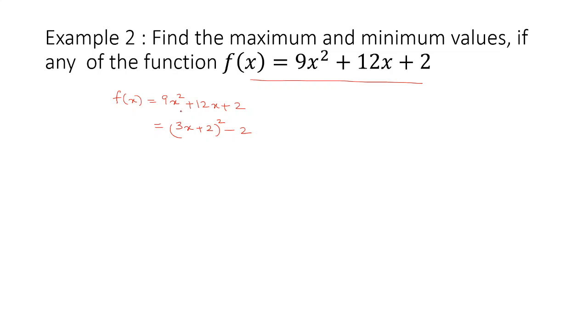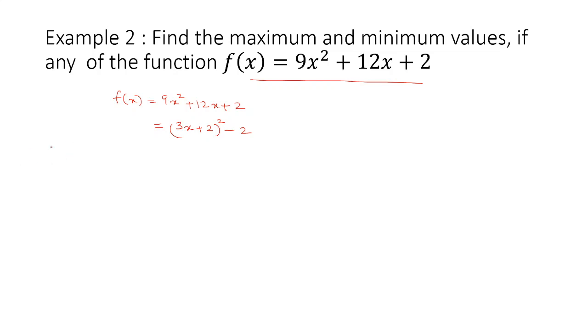So the same function can be written as 3x plus 2 the whole square minus 2. Now we have to find the maximum and minimum of this particular function.